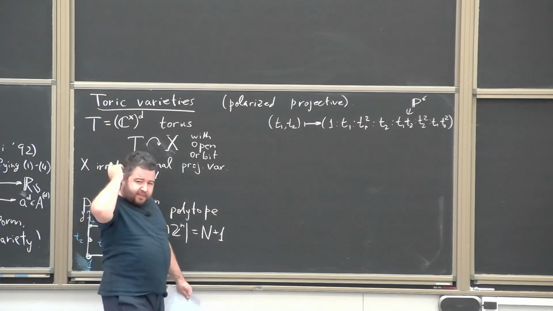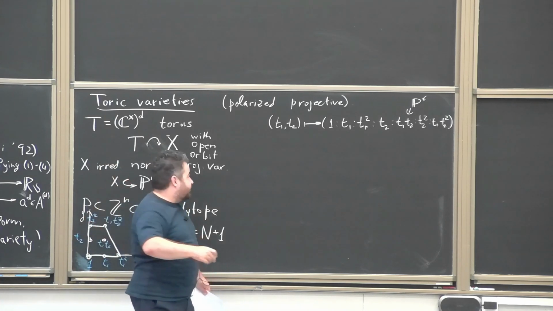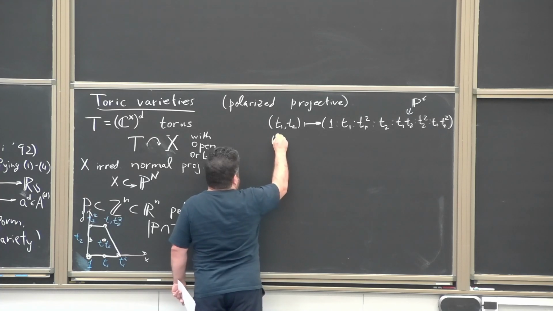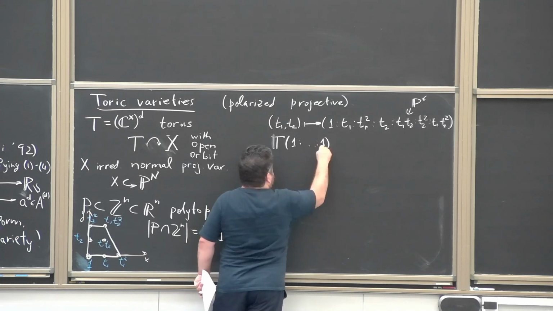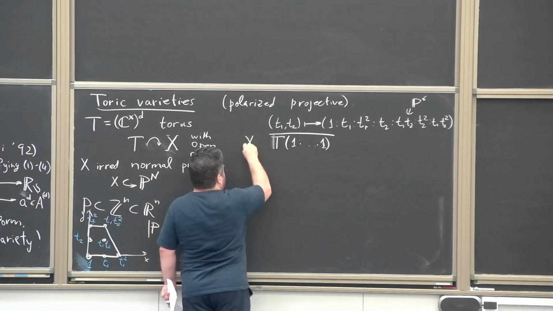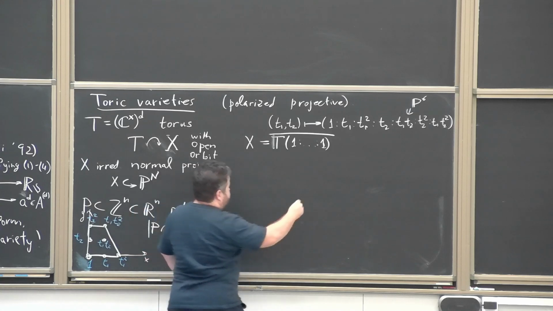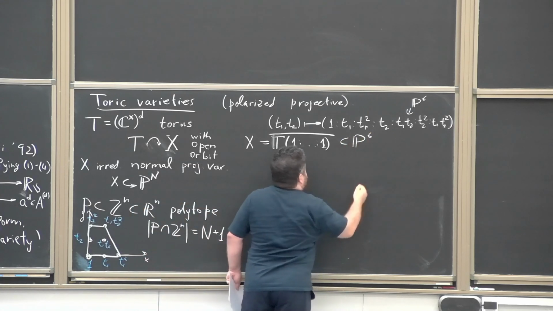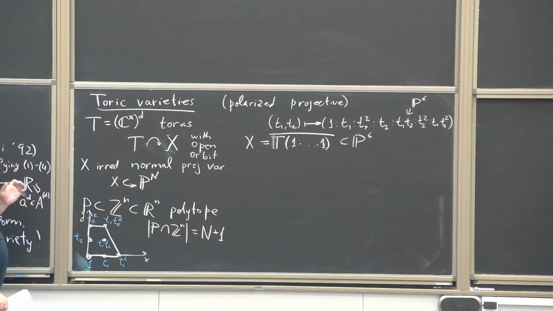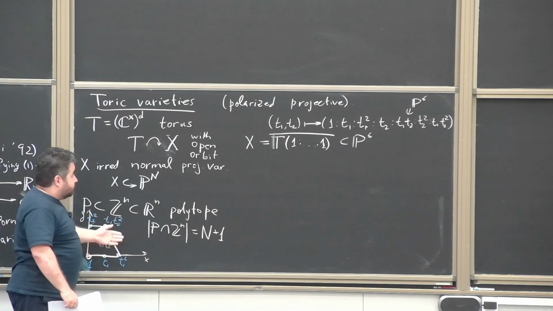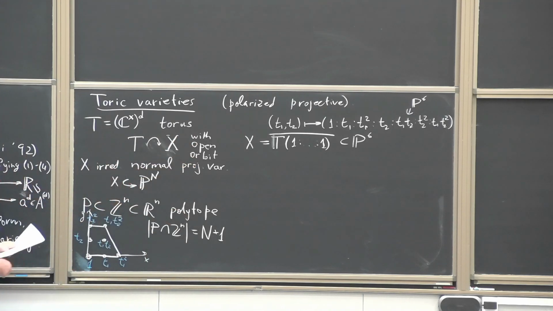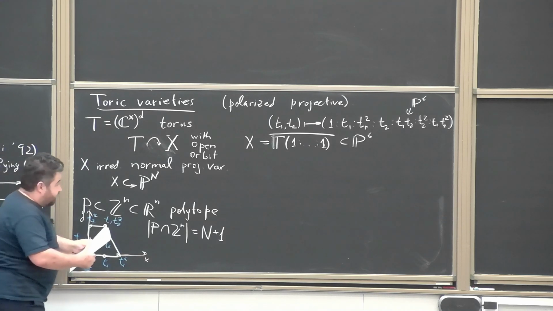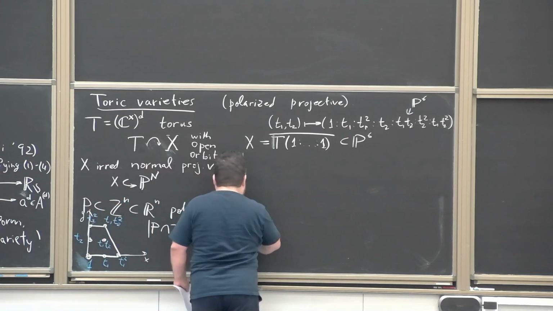Let me say I'll take the closure of the point 1, 1, 1, etc. So T applied to the point (1, 1, ..., 1), its closure will be my X. That will sit inside P^6, so it will be equipped with the action of the torus, and this will be the closure. So it will have T as its open orbit, right? That's how it works.